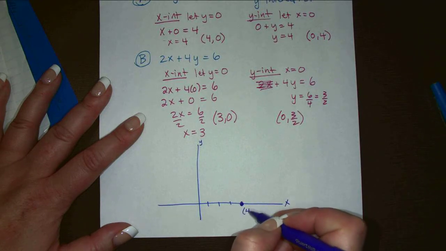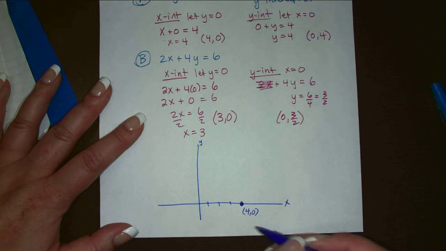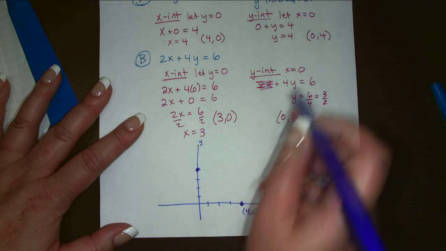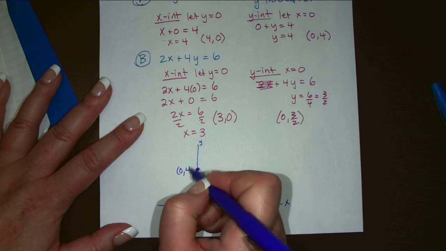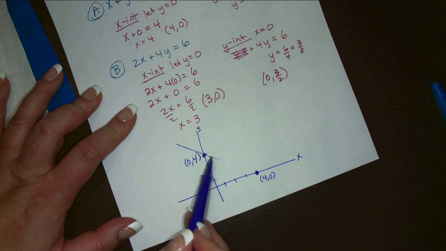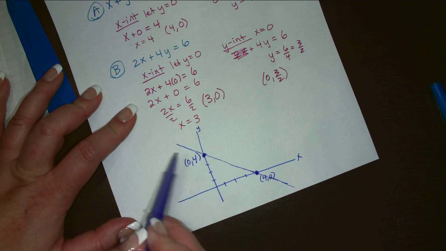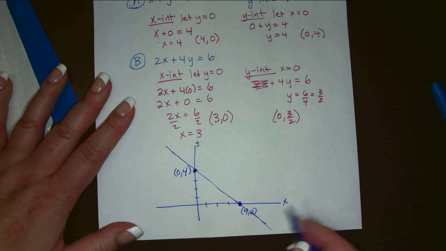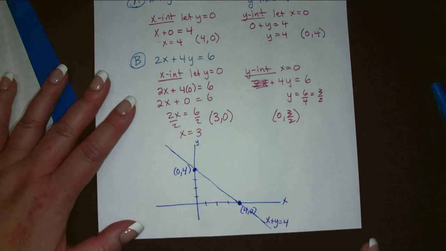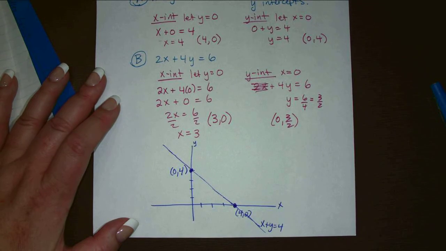That's this one. And connect them. If you've got a ruler or a straight edge, that's better, especially when you're doing 2 on the same graph. And then label it. So x plus y equals 4 was that line. Okay, why label it? When you go back and need to do something with the line, you can quickly figure out which one is which because you've labeled them.